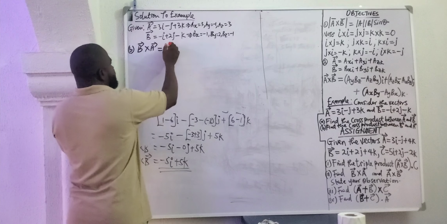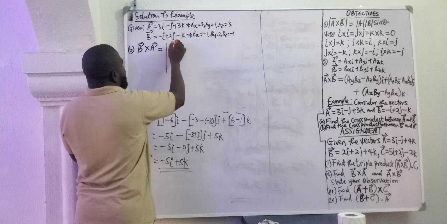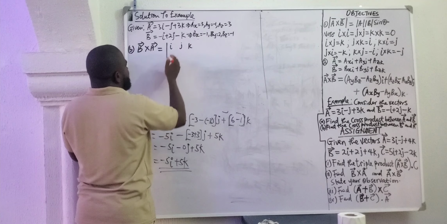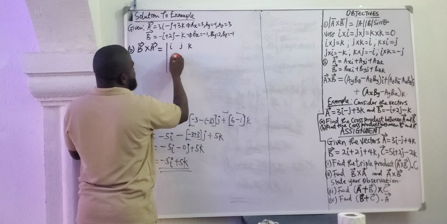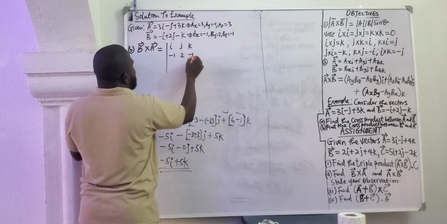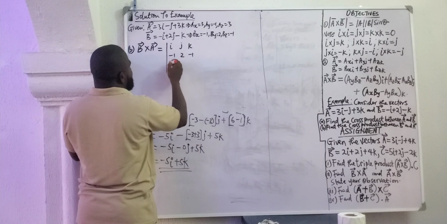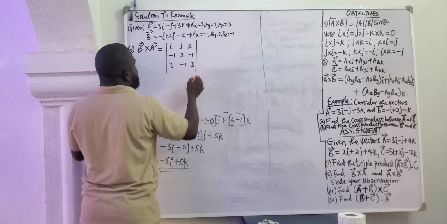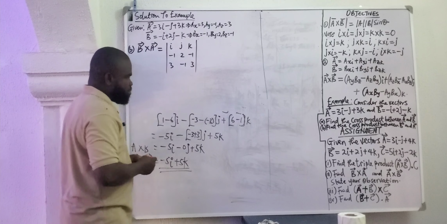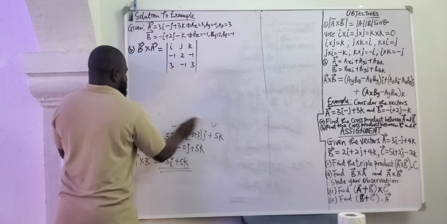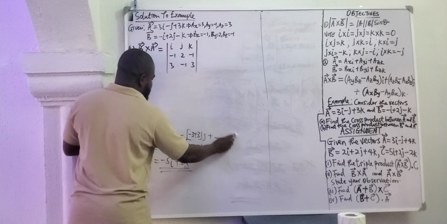That will give me, you put the unit vector I, J, K, and then the vector B first. That is minus 1, 2, minus 1. Then A, 3, minus 1, 3. That's a 3 by 3 matrix. Next, I will reduce the 3 by 3 matrix to what?